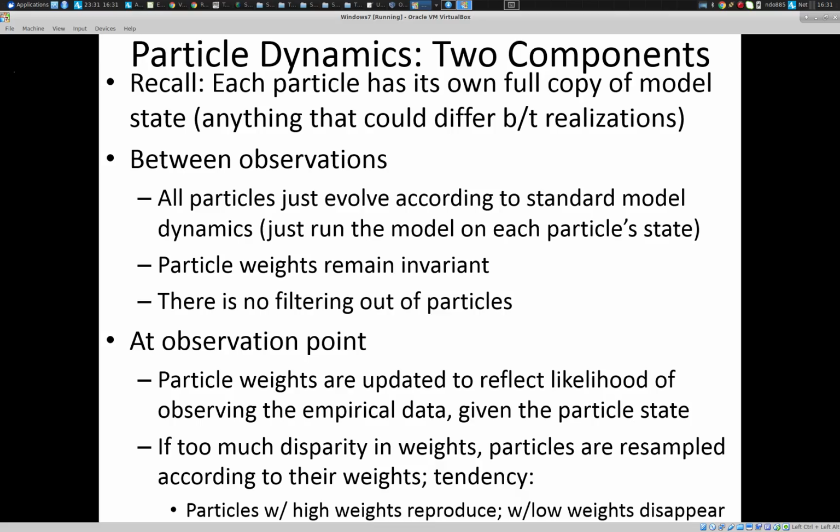So maybe this is a particle over here, exhibit A, we have a particle that posits lots and lots of infectives right now and a pretty significant number of susceptibles still. So maybe 2,000 infectives right now and half the population susceptible.